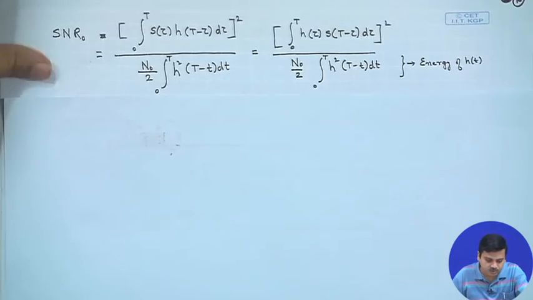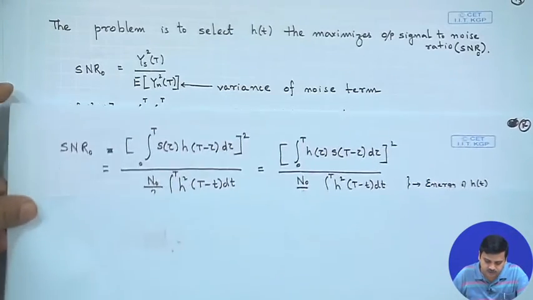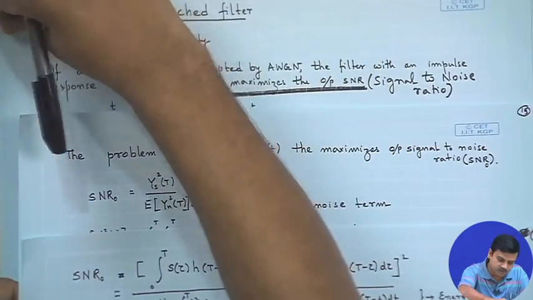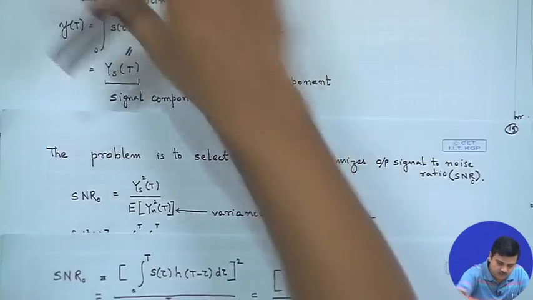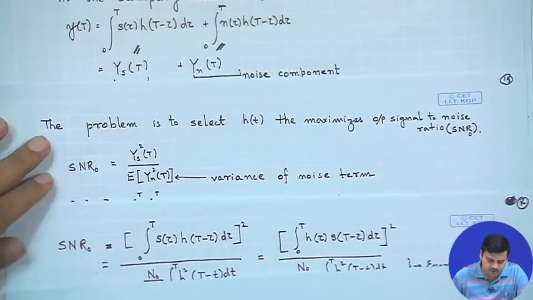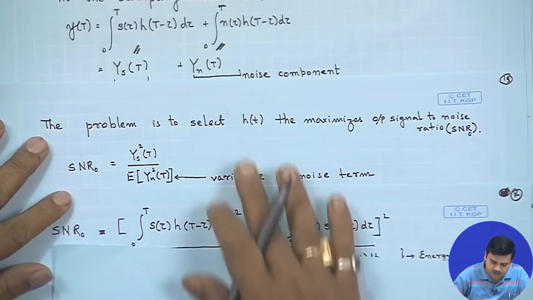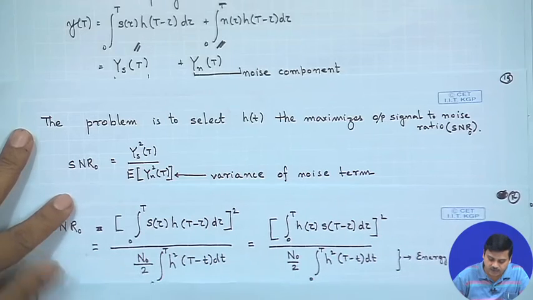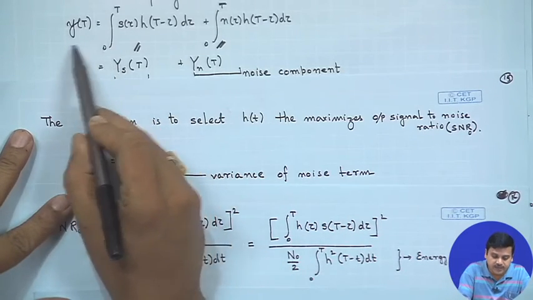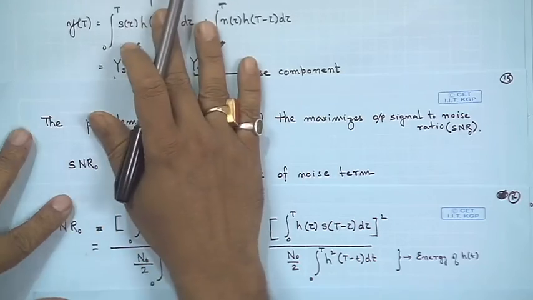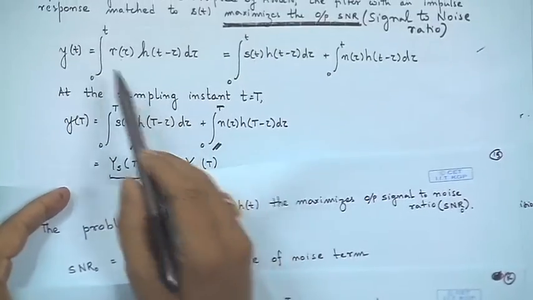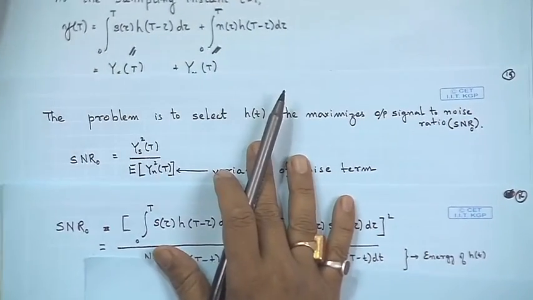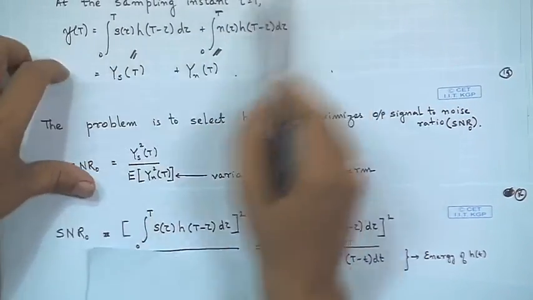So, SNR output. We of course have to refer to this expression, and if we can look at these few expressions, we almost have it with us. We had defined the received signal r(t) broken into s and n, and then we had broken these into two integrals.